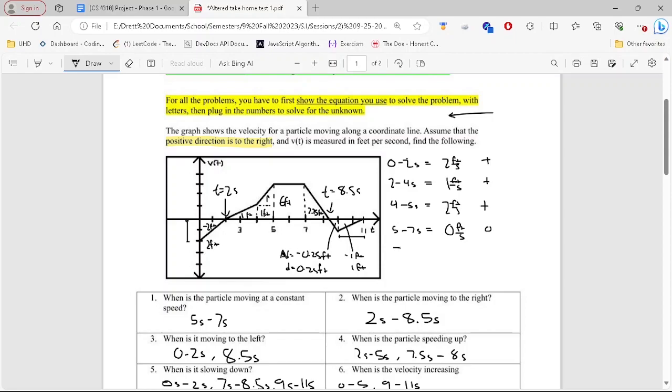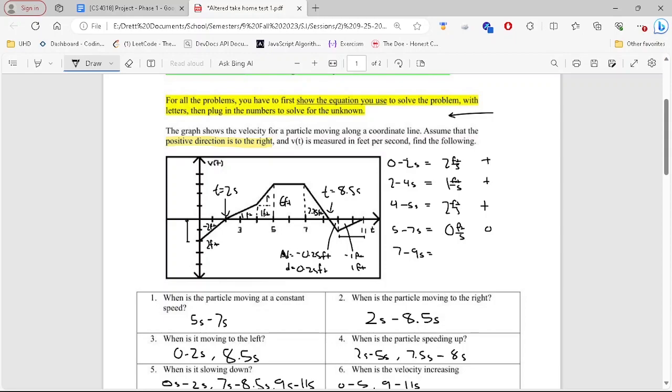Okay, so from 7 to 9 seconds. At 7 seconds, the velocity is 3.